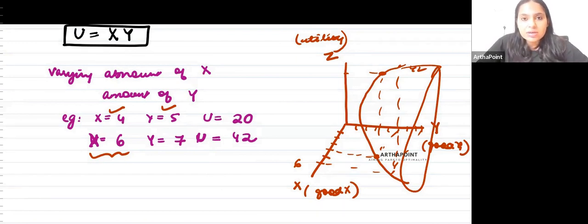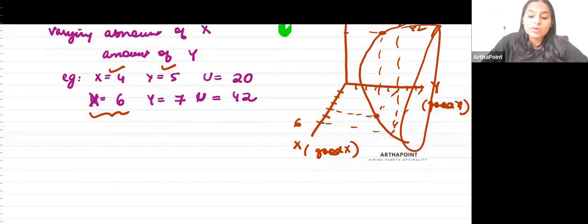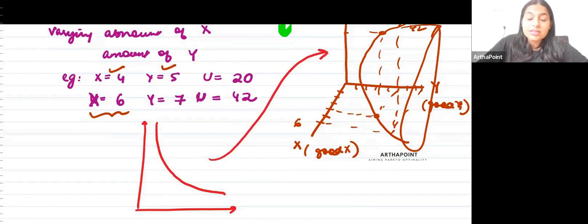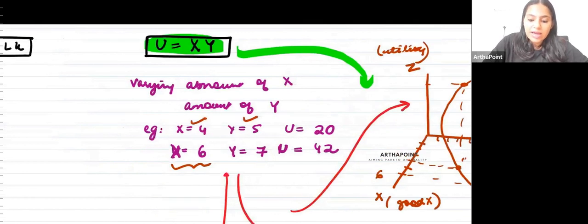Why on earth then don't we produce it like a 3D diagram, and in fact are able to make it into a 2D diagram? How do we get this indifference curve rather than getting this? This is something which we call the level curve.